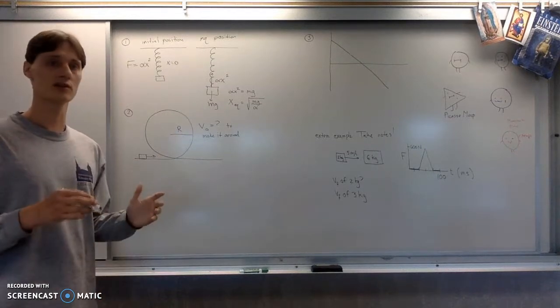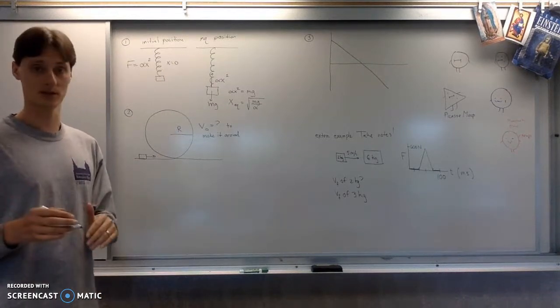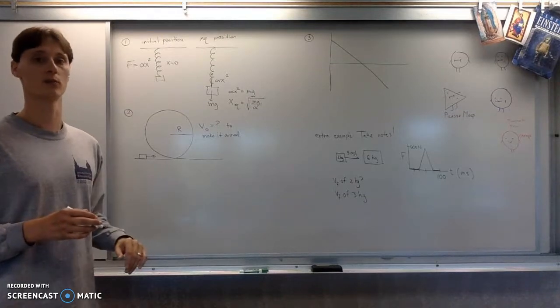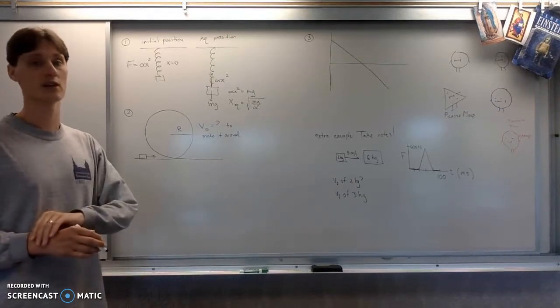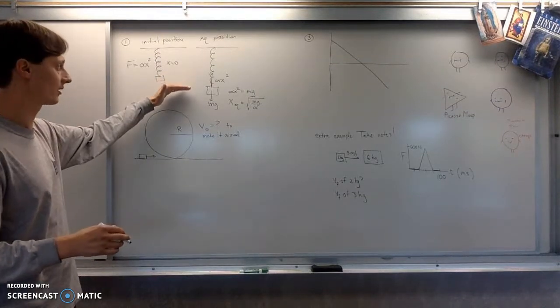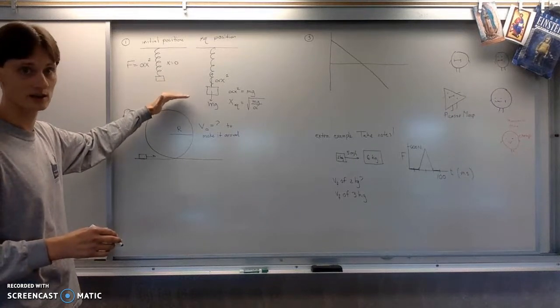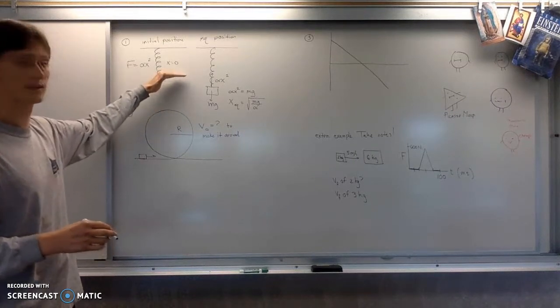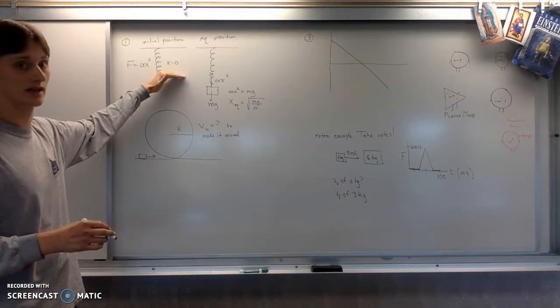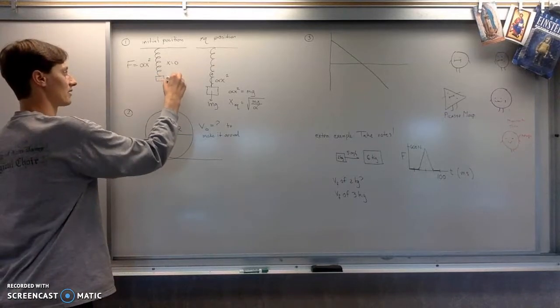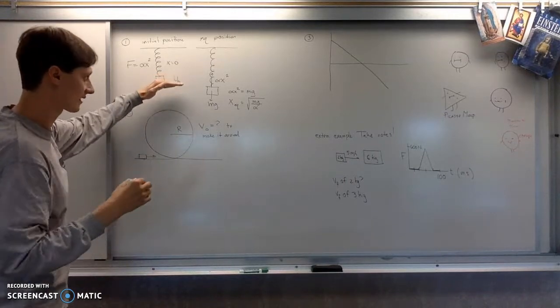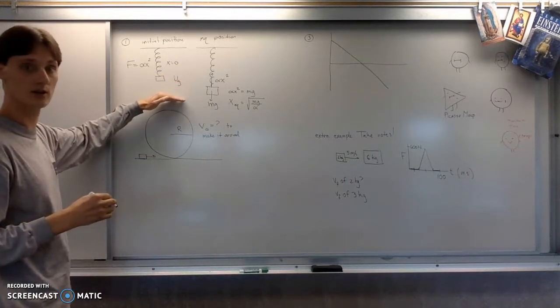Questions of maximum and minimum for springs are going to be more related to energy than they are to forces. The maximum position down here would be where all of this gravitational potential energy has turned into elastic potential energy down low here.